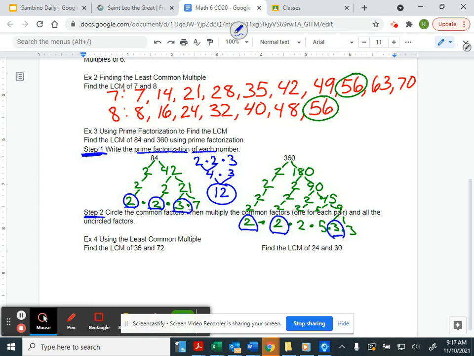So the greatest common factor we found was 12. Now we need to multiply through the uncircled. So we have 12 times our 7 times 2 times 5 times 3.